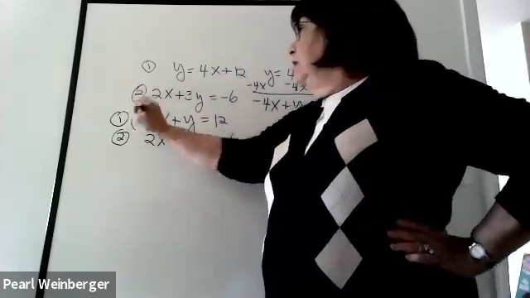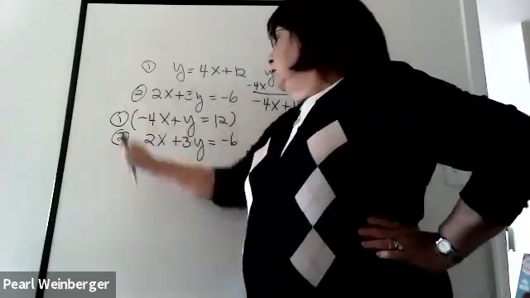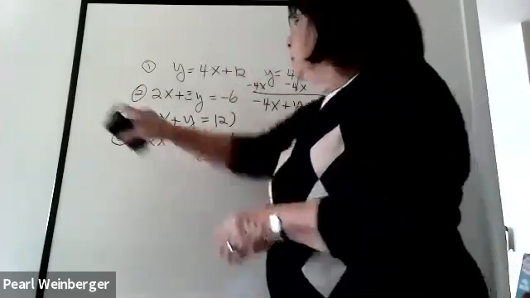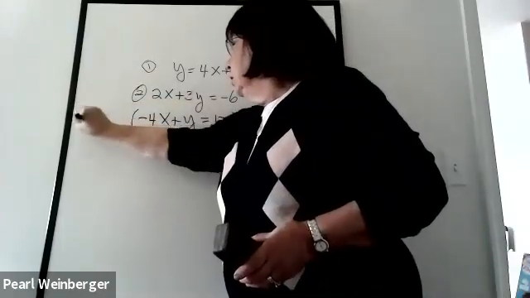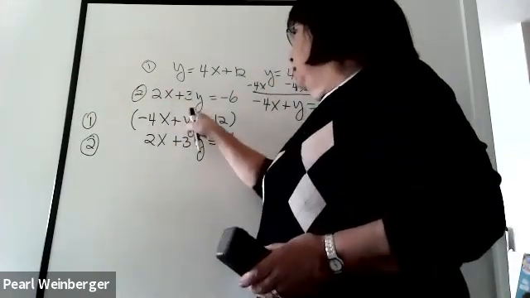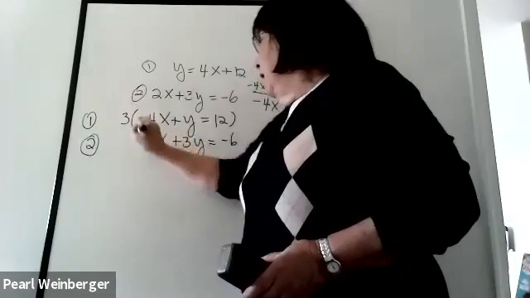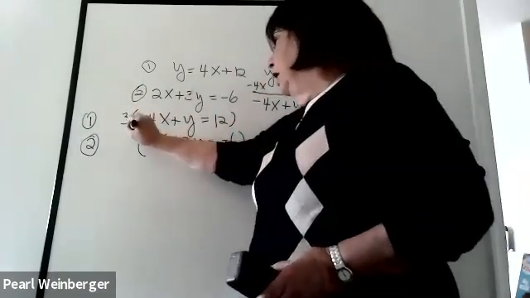If I want to get rid of the Y's, I'm going to have to multiply the first equation by the 3. And the second equation, well, the coefficient of this y is 1.